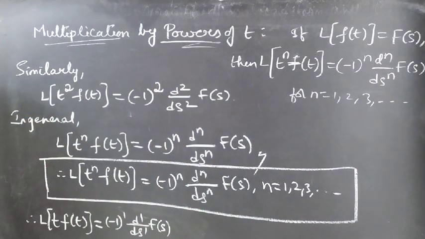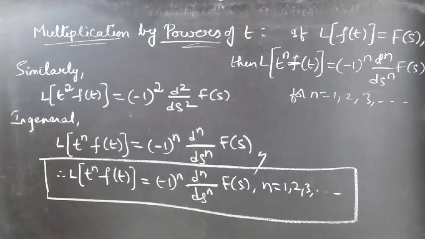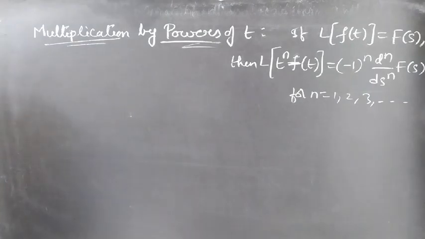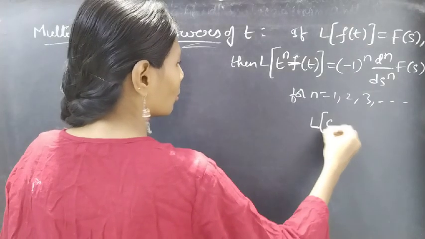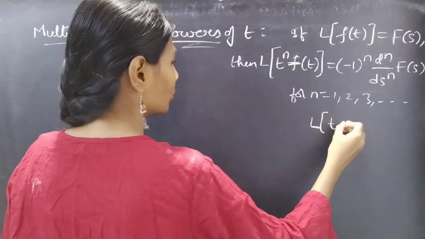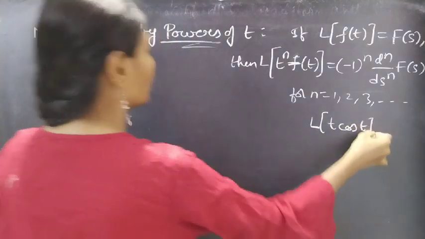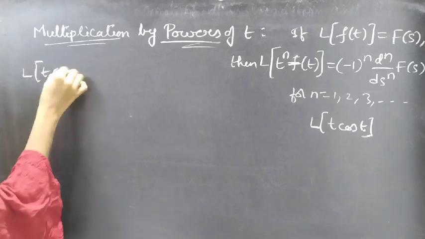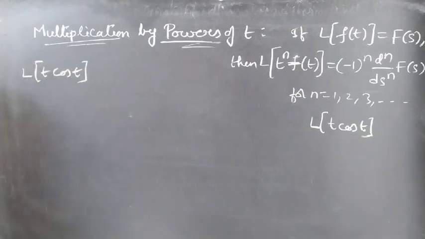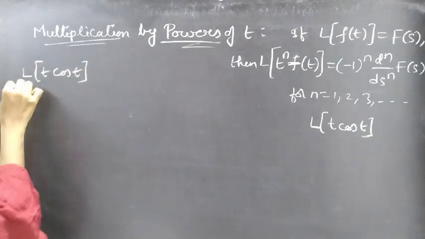Let's see one example now. Let's find L of t cos t. Okay, let's make it simple. So firstly, we'll find L of cos t.